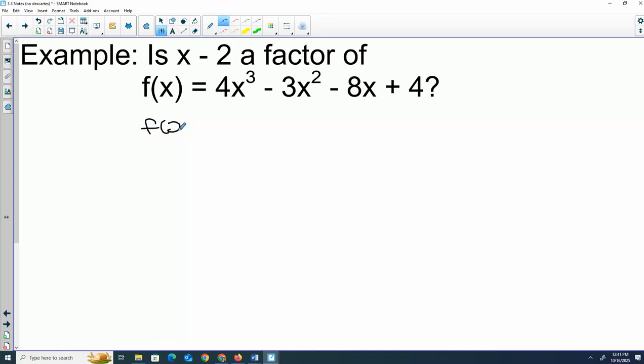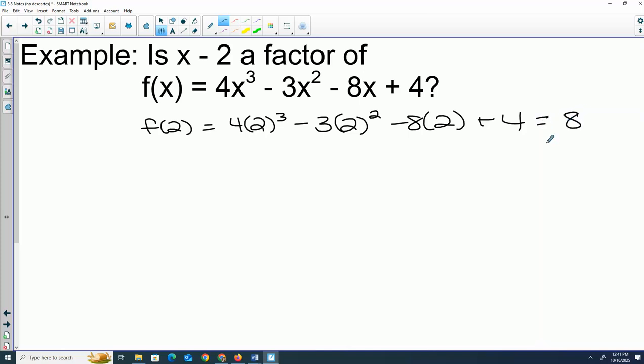So if you put in a 2, so we get, you get 8. So what does that mean? Not a factor.